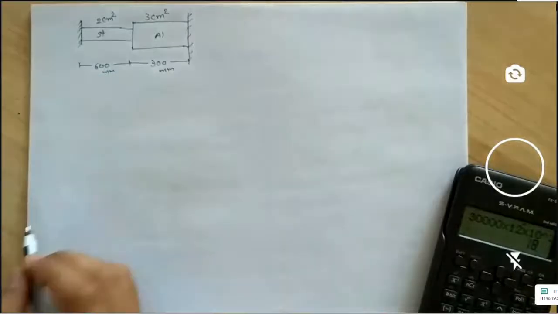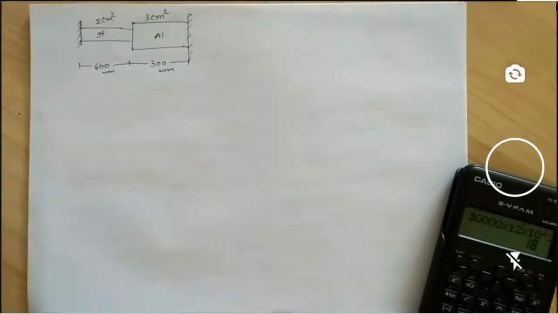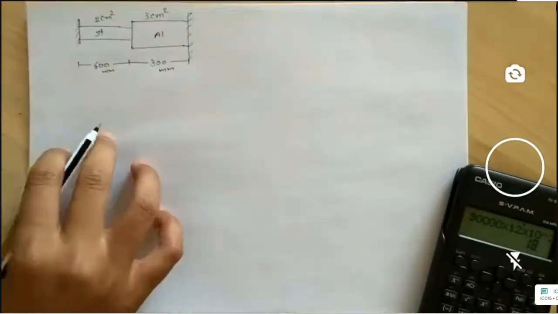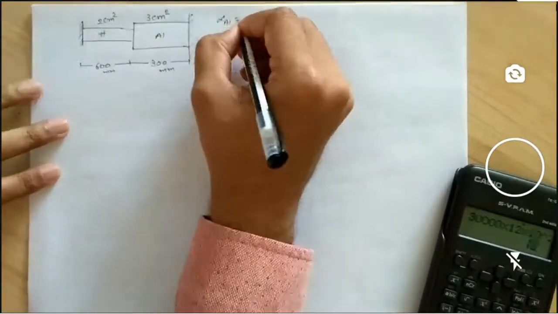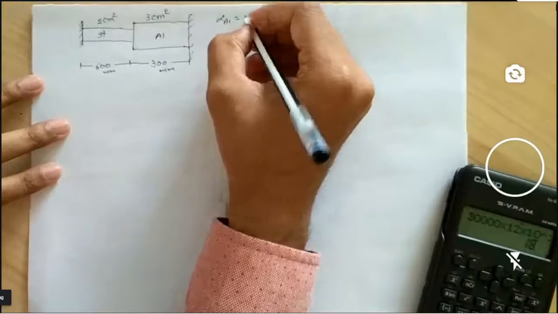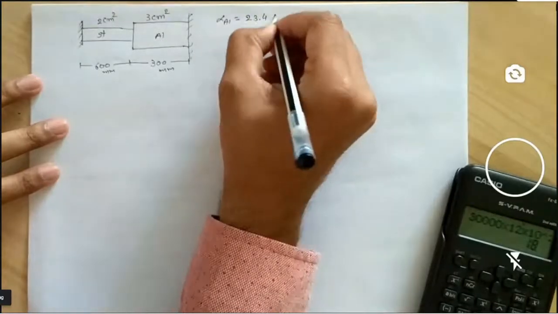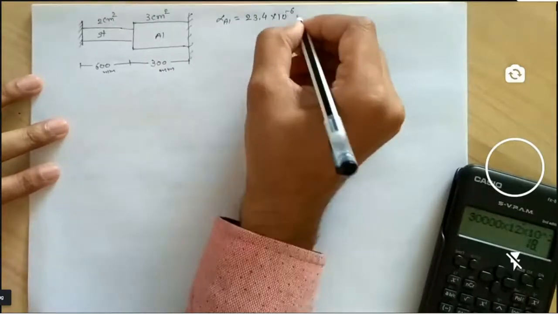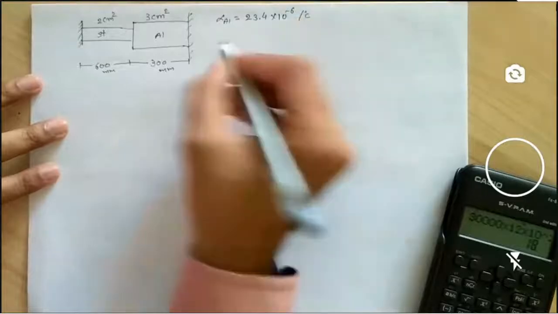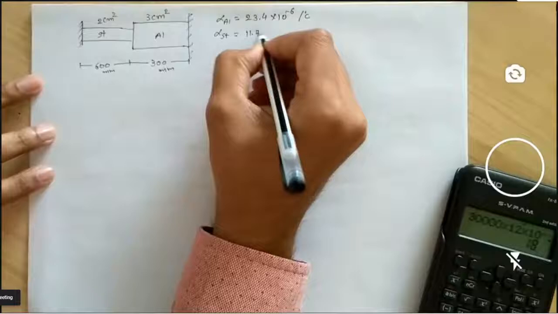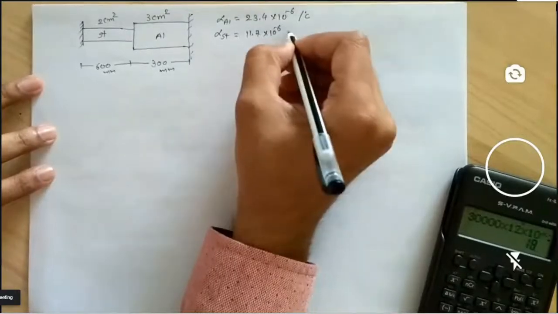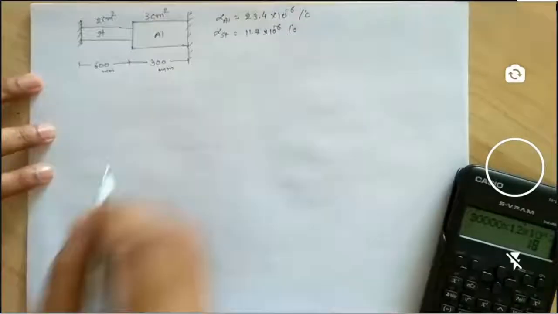Okay. Now alpha for aluminum is given as 23.4 into 10 raised to minus 6 per degree Celsius, and alpha for steel is given as 11.7 per degree Celsius.